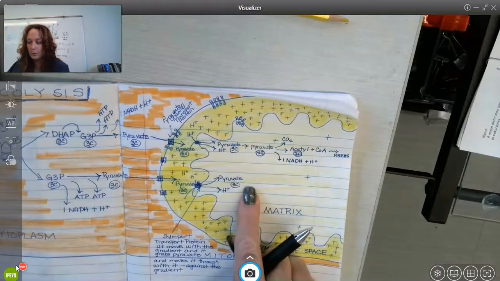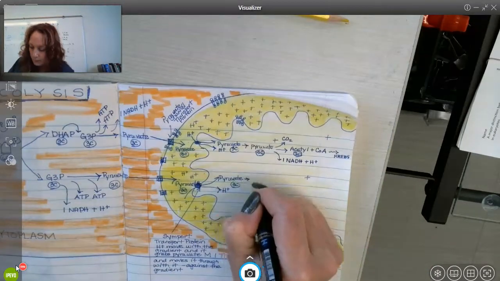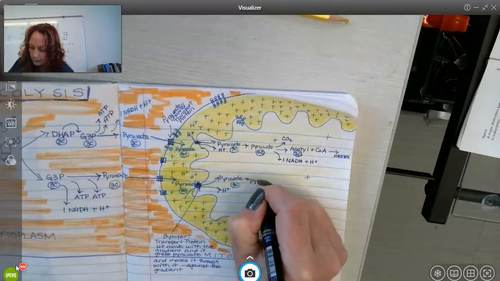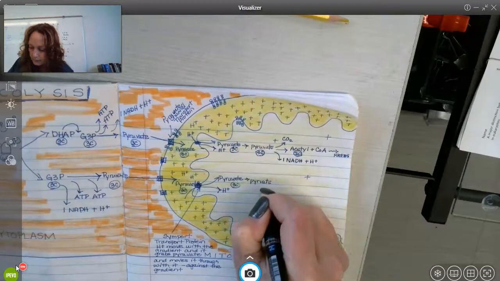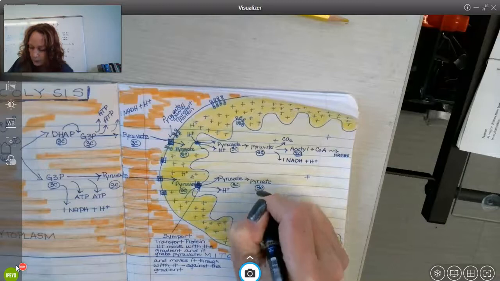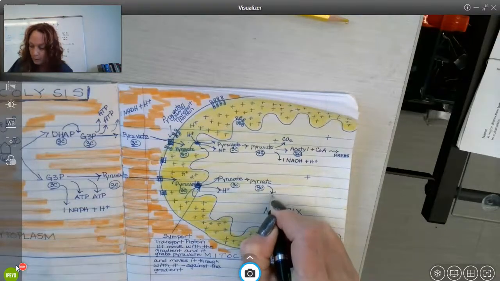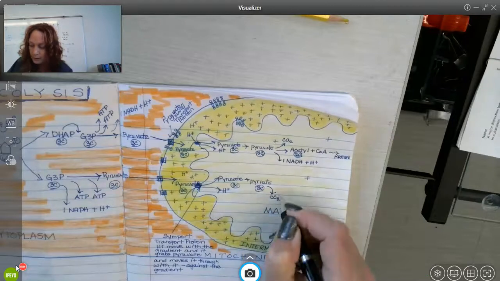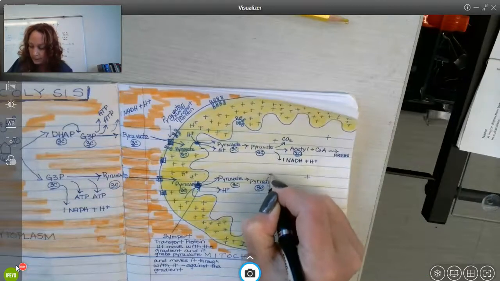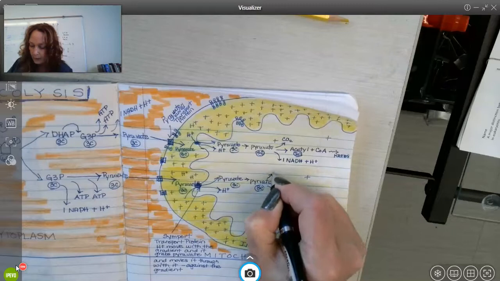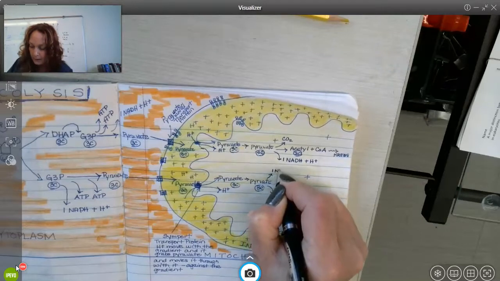So I'm just going to repeat this down here. So I've got the pyruvate, 3 carbons. We're going to break off 1 carbon, which will be carbon dioxide. You'll have, from breaking that bond, you'll have electrons.